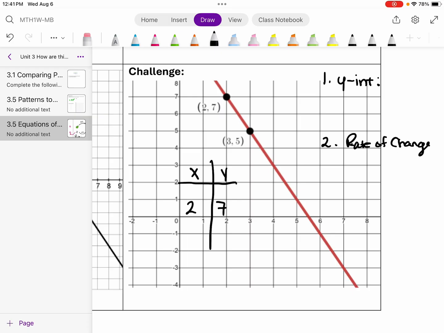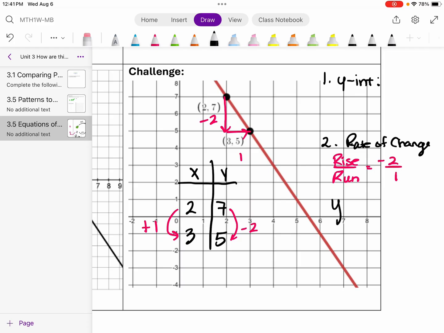And that's okay, that's something that you can choose to do. So if I look here, I'm going down 2, which I can see in my table of values, and I'm going right 1. So that means that my rate of change, my rise over my run, is equal to negative 2 over 1.